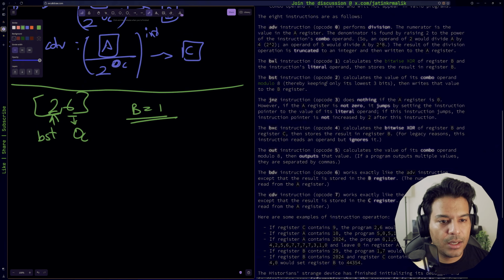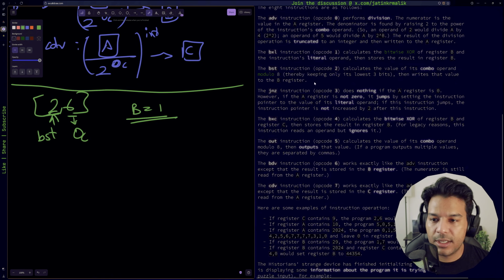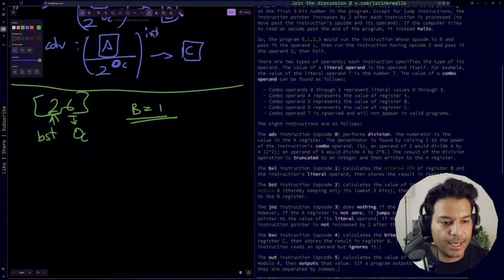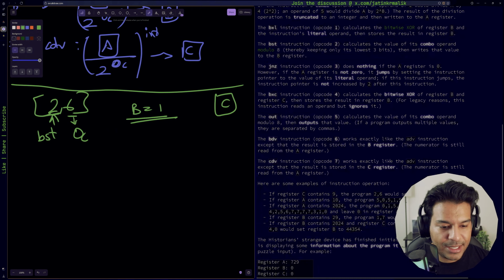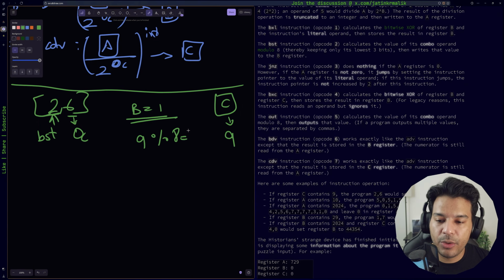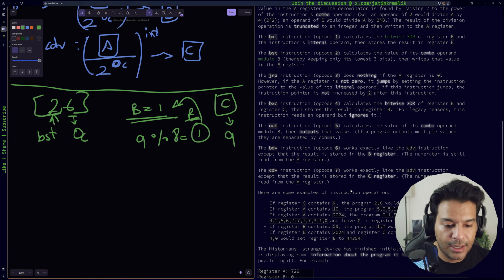And we will do 2,6. So the OC value of 6 is the value stored in C. So in this question, that's why our C value is given to us as 9. And if I now do 9 modulus 8, remember that I told you that whenever you do a modulus of a value, it gives you back the remainder. We get the 1 and then we store that value into B as mentioned here.